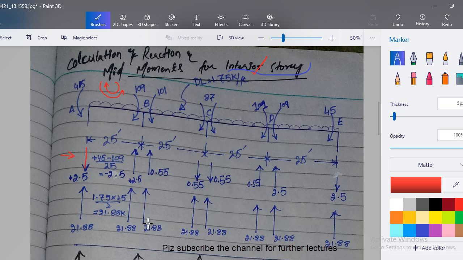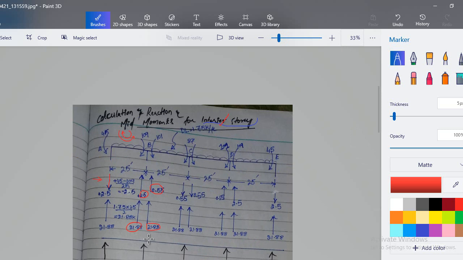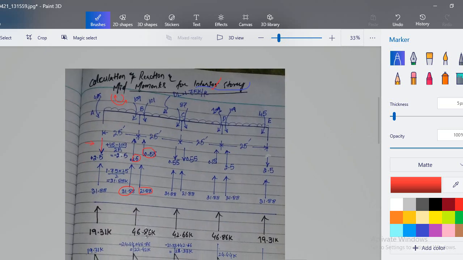And similarly here the same UDL loading, and due to that we have to apply an external reaction. So at this point we have 4 reactions basically, and all the 4 reactions are in upward direction. So that's why we have to add up this one, clear, similarly this one and this one, and what we got from this is 46.86.